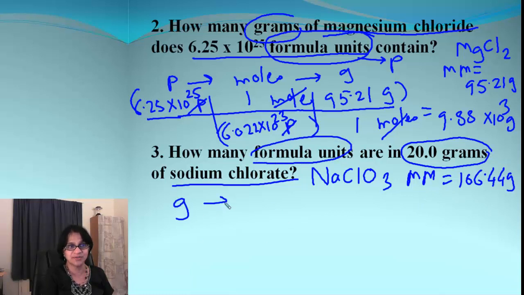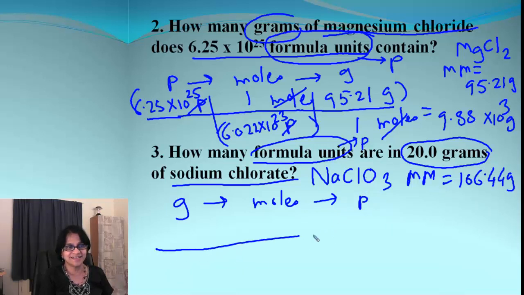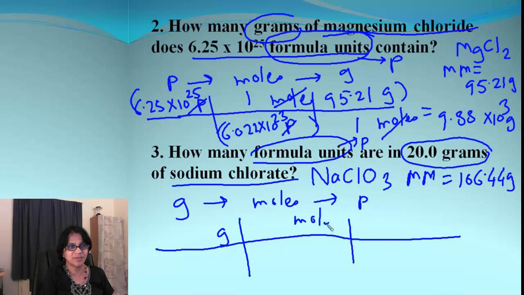So it's grams to moles and moles to particles, because formula unit means particles. When we get grams, moles and particles, you begin with 20.0 grams.